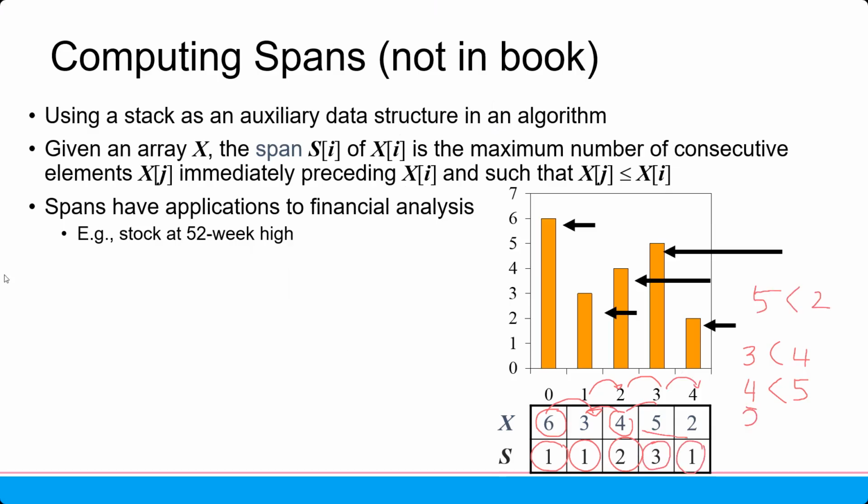So if the price is increasing, like this one, then the span will also increase. 1, 2, 3. So we know how many times the price increased. If the price gets lower than the previous price, then it will start again from 1.